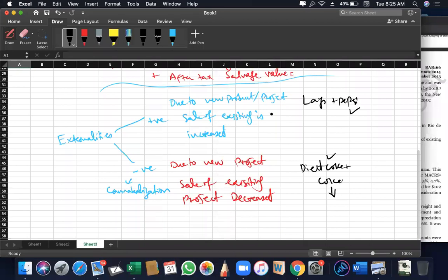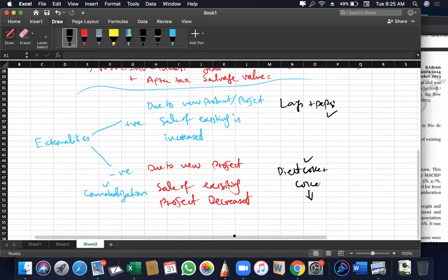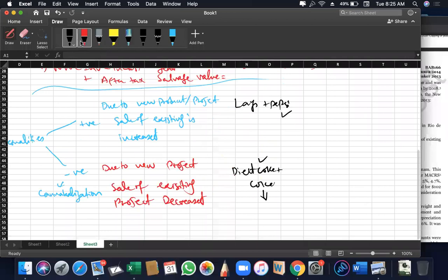Now how to treat it? This is the treatment. For this cannibalization, because we have to find the project's actual cash flows, and here they have increased, so we will add them.